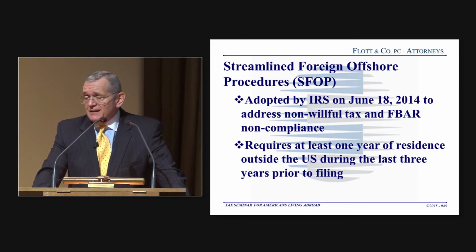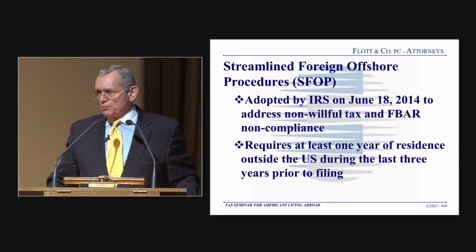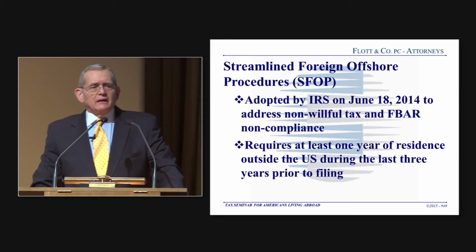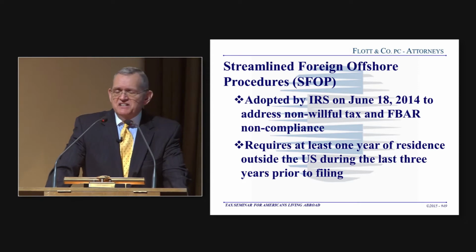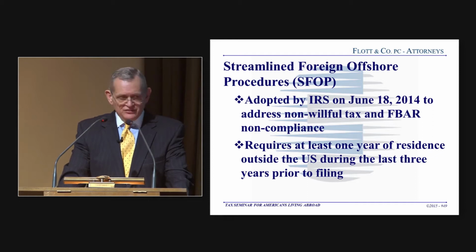And I have to say, it's a reasonably good program. I have some problems with it still, and I've hassled the service about them, but generally, it's a very good program because it really is an amnesty, which I'll talk about in a minute. It requires that you be a resident outside the United States for at least 1 year during the last 3 filing seasons.